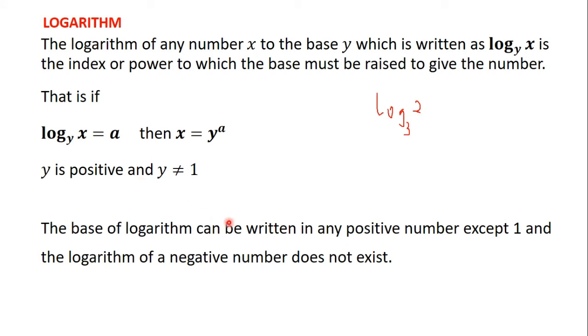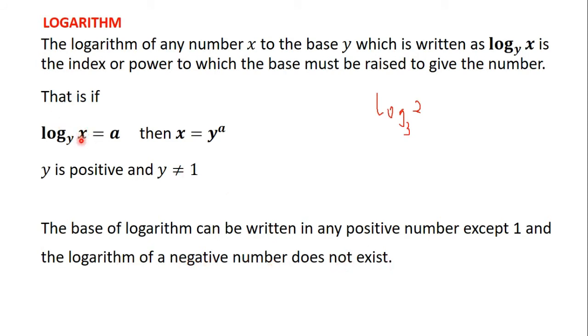Let's learn more about logarithm. The base of logarithm can be written in any positive number except 1. The base of a logarithm cannot be 1, so y here cannot be 1. And it can also be written in any positive number, which means that y here must be positive. And the logarithm of a negative number does not exist.